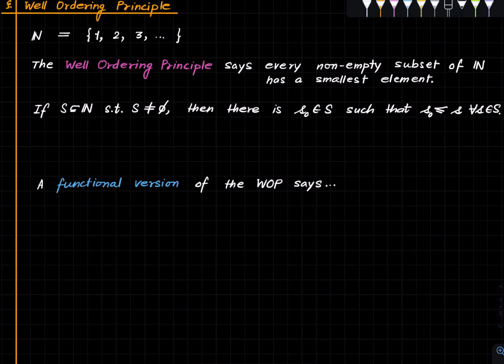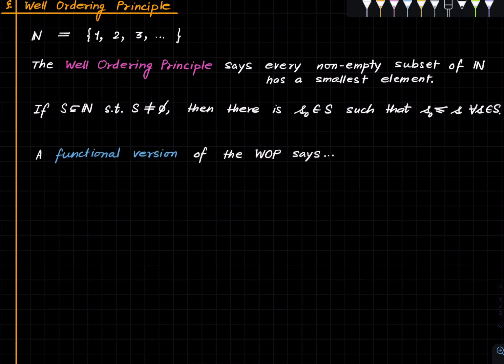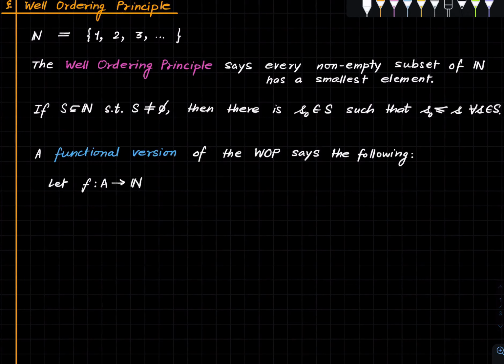There is a functional version of the well-ordering principle, which says the following. Let f be a function from a non-empty set A to the natural numbers.